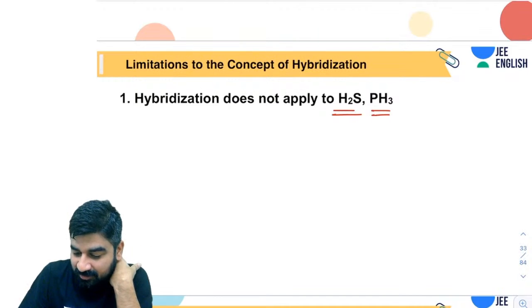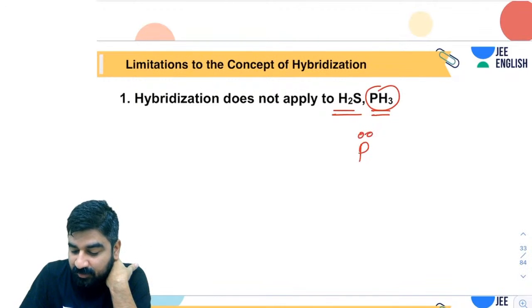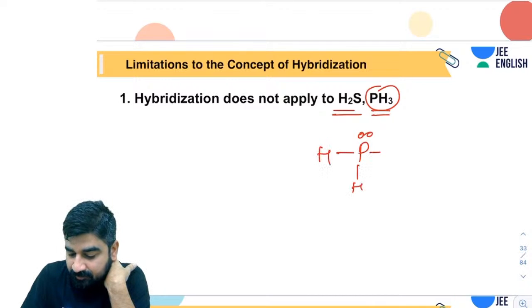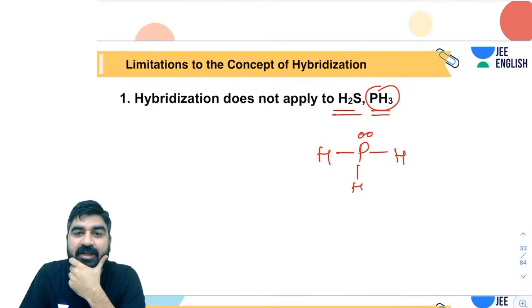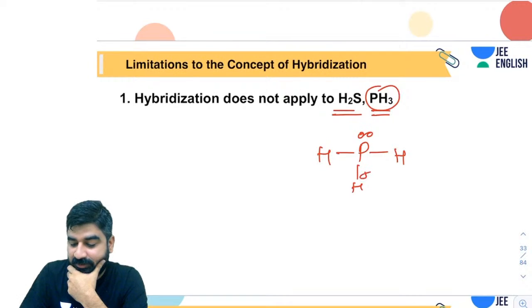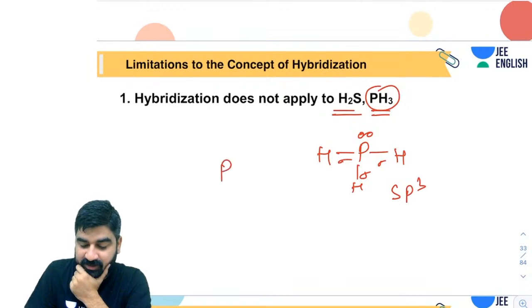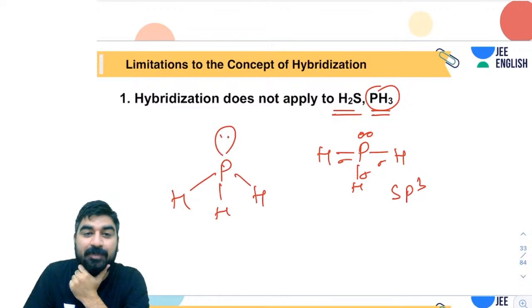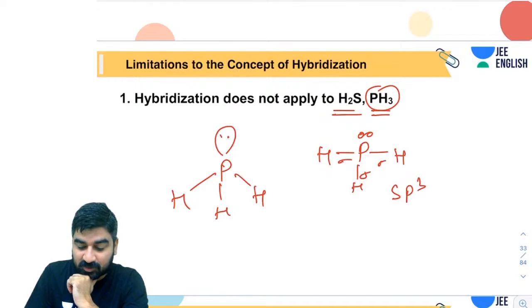In PH3, what should be the hybridization? Sigma, sigma, sigma, so it should be sp3, and its structure should be pyramidal, like ammonia. So the expected angle should be around 107 degrees.